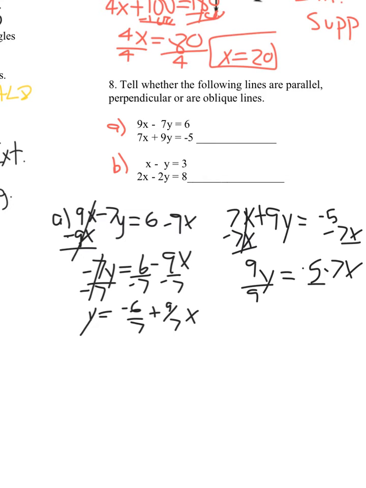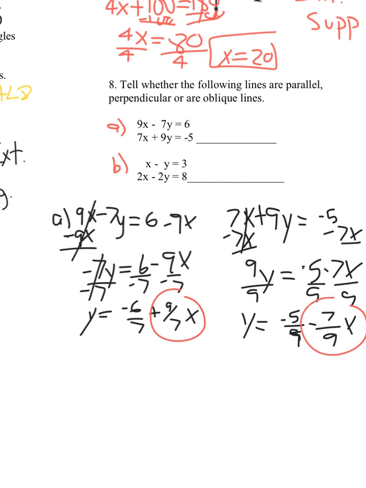Step 2. Divide everything by 9. y equals negative 5/9 minus 7 over 9 x. So 9 over 7, negative 7 over 9. Those are opposite reciprocals. These are perpendicular. Okay?